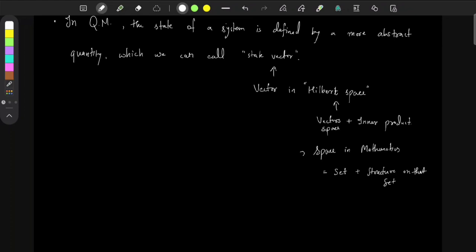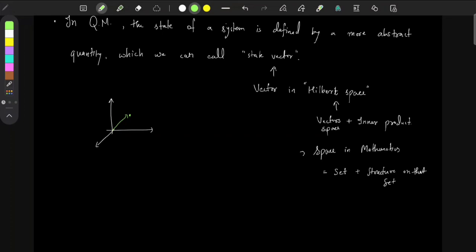This Hilbert space is some abstract vector space. It is not some real vector space as we see in classical physics. In classical physics, when we define the position vector, we have the real space, the space which is around us, and we define the position as a vector in this space around us.